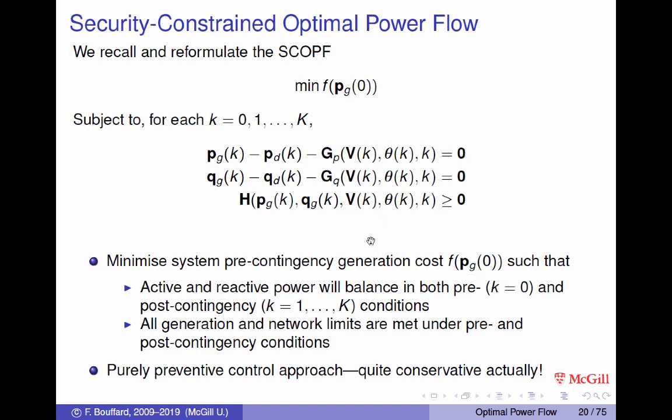What is important to underline is that this is a purely preventive control approach. You are trying to preposition PG in the k equals 0 state so that it is feasible for all k from 0 all the way through capital K. So it's quite conservative. It has to be feasible for all the states you're considering.